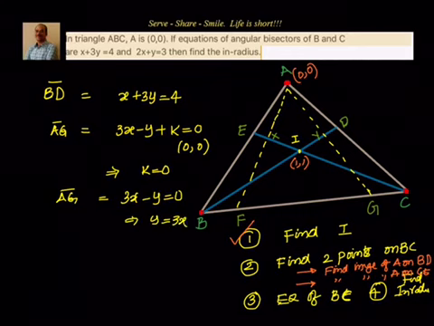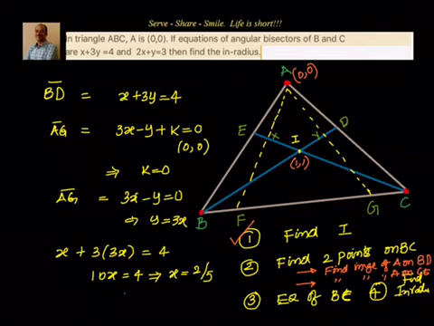Now let's take this and substitute in the first equation. I will have x plus 3 into 3x equal to 4. Can I say 10x equal to 4, or x equal to 4 by 10, which is equal to 2 by 5. If x equal to 2 by 5, that means y equal to 3x, which is 3 into 2 by 5, that's equal to 6 by 5.